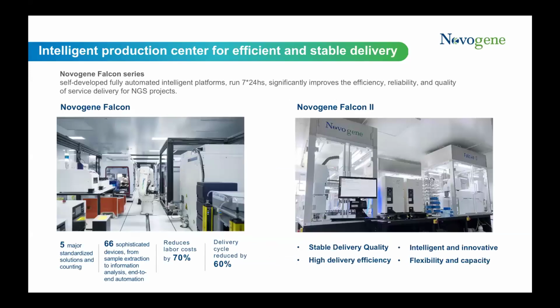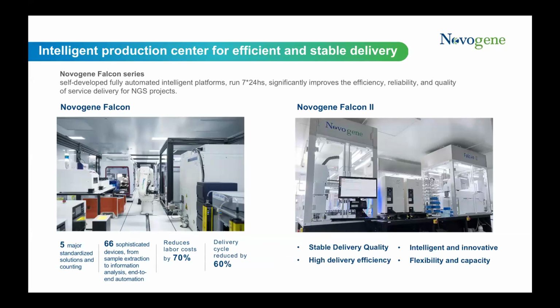Okay, because there are lots of genome providers also in Korea and overseas, I would like to introduce Novogene's very different point for sequencing from other sequencing providers. It's our intelligent production center for efficient and stable delivery.